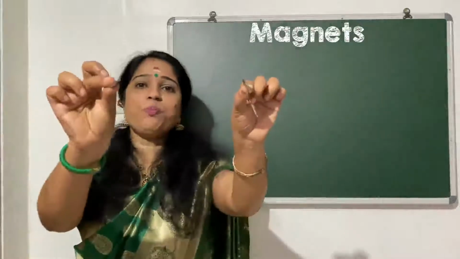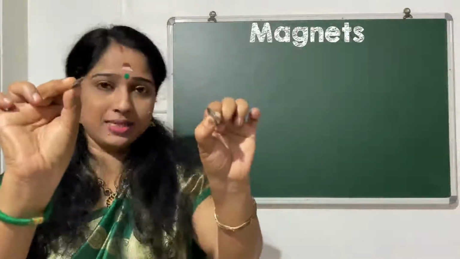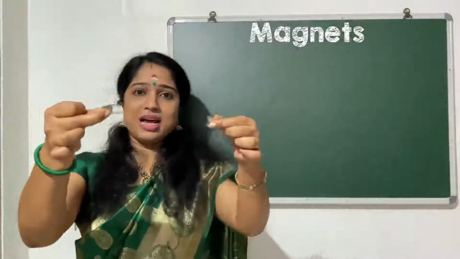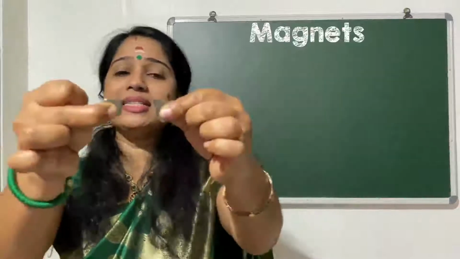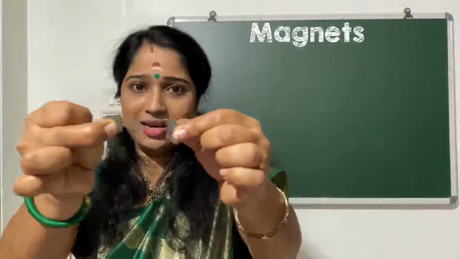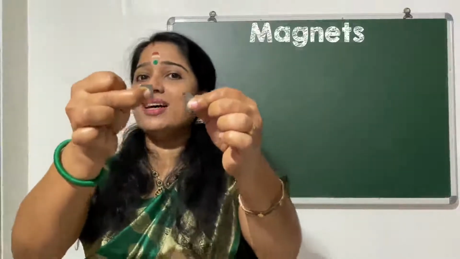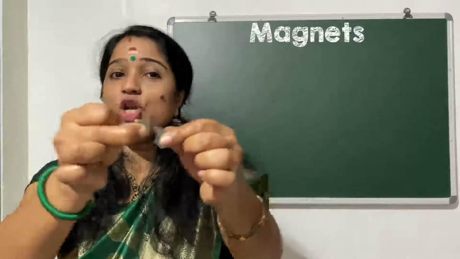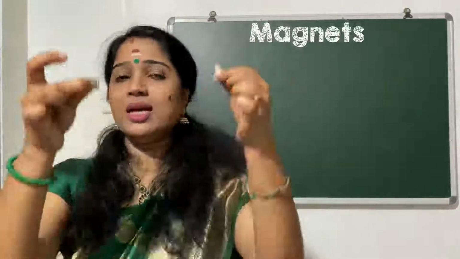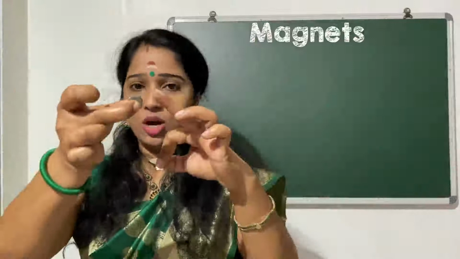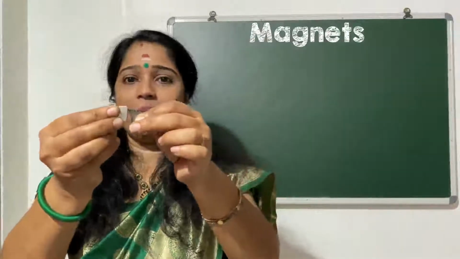See, these are 2 pieces of a magnet. The magnet has broken into 2 pieces. I will try to bring these 2 closer. Is it touching? No, because both are north poles: this is the north pole and this is the south pole. Similarly, this magnet has a north pole and a south pole. Just try. See what happened?